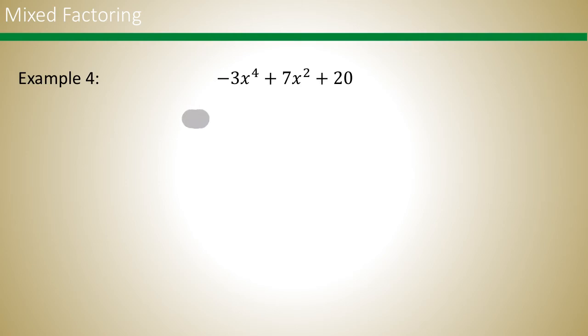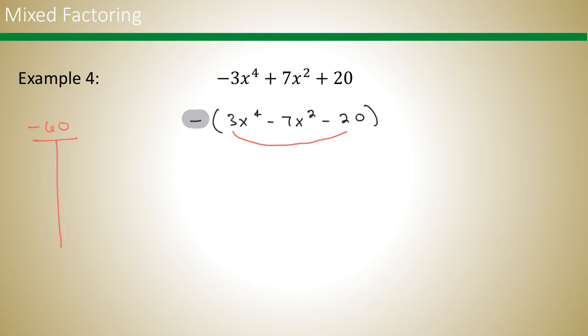So we have a negative, and then we have 3x to the 4th minus 7x squared minus 20. So now, to factor this thing, we're going to multiply 3 and negative 20 together. That's negative 60, okay?